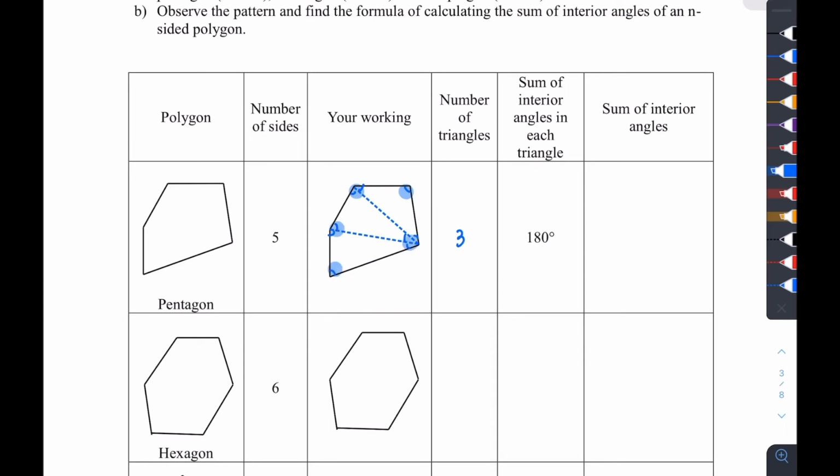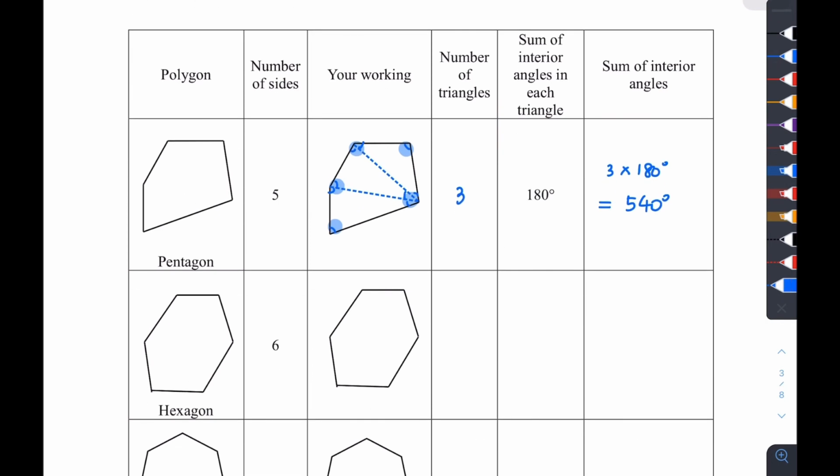So the sum of interior angles for this pentagon now would be 3 triangles worth of 180 degrees. So you simply do 3 times 180, and you can see that it comes up to 540 degrees, the same as what we did before. Now similarly for the hexagon, I'm just going to do it a bit faster. I'm just going to cut from one side of the hexagon instead of from the center.